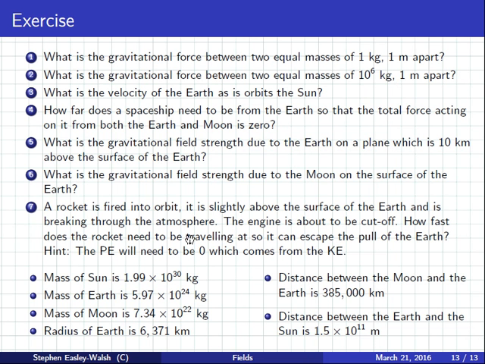Don't forget, you have all the information you might need at the bottom, like masses and radius and so on.